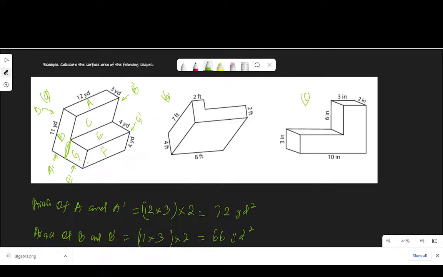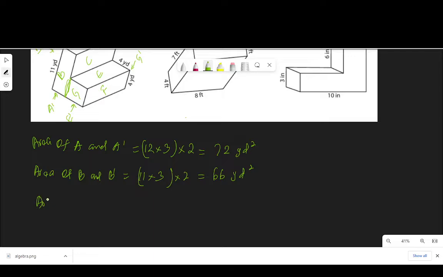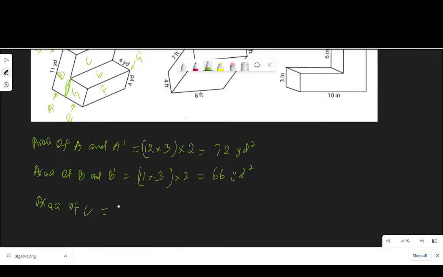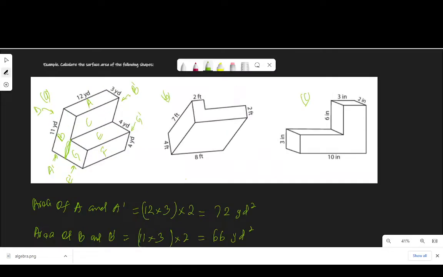Then area of C. C is alone. Area of C. The length of C is 12. The width, let me use a different color. The width is right from here down to this place. And how can we get that? Look at this 11 yard here, which is the length of the whole shape. If from here to here is 11 yard, and from this side down is 4 yard as indicated here.